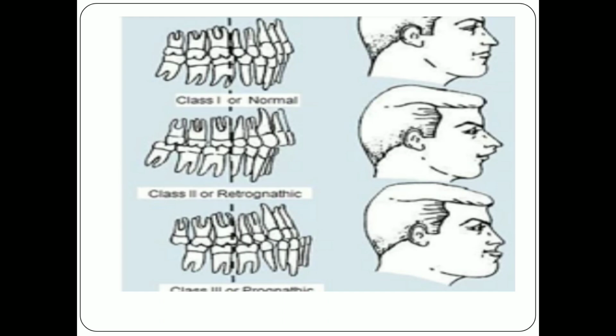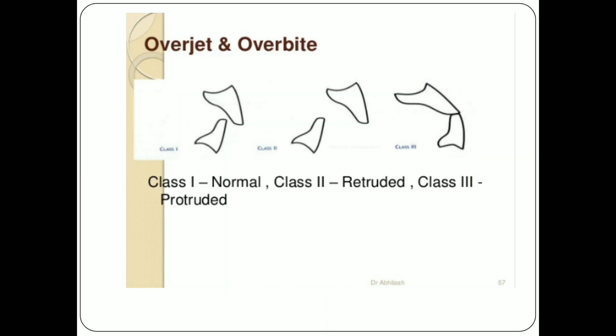In class 1 we call it normal, whereas in class 2 the maxilla will be more prognathic and the mandible will be retrognathic. Similarly in class 3, the mandible will be forwardly placed when compared to your maxilla. All these things we will be discussing in the clinical postings of ortho.